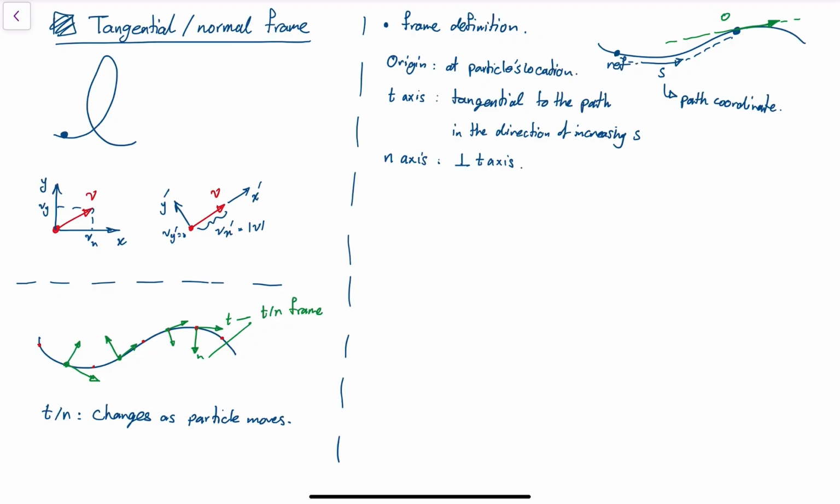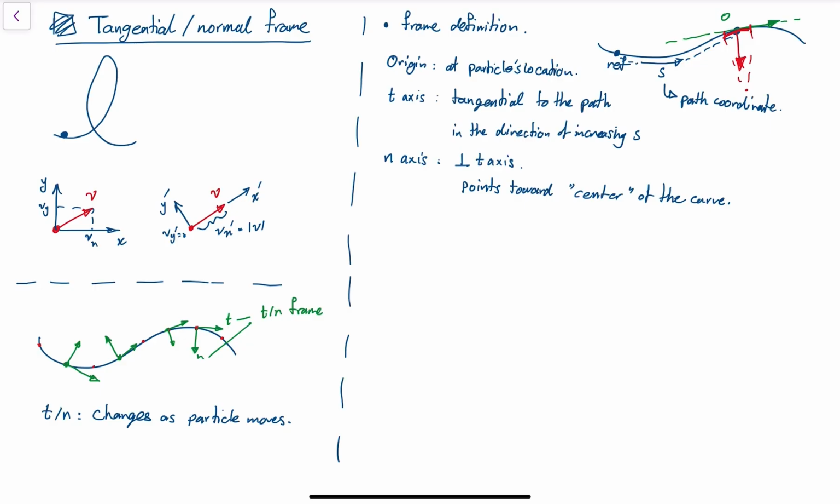We take the one that points toward the center of the curve. So at any time, if you consider the curve to be a piece of a circle, that circle, that arc, has a center, and our normal is the one that points toward that center of the curve.